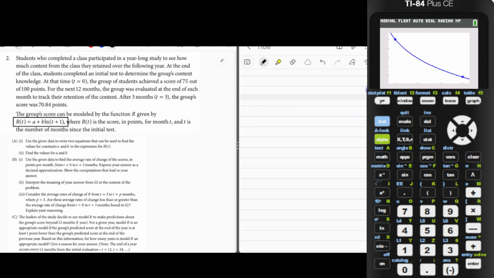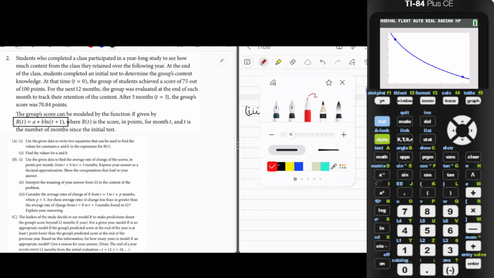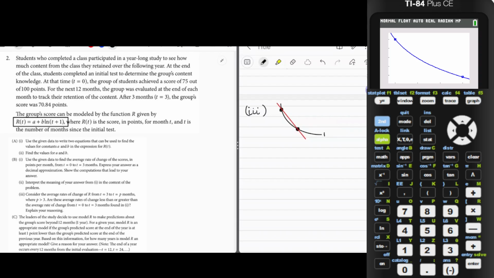But I'm just going to say for B3, I'm going to draw the picture of the curve, even though that really can't be my reasoning. Okay, so 0 to 3, say that's here. And we found that the average rate of change was negative, and that represented that negative slope there. And then if we think about time p, where p is greater than 3, so this is the curve R, this is time 0, and that is time 3.